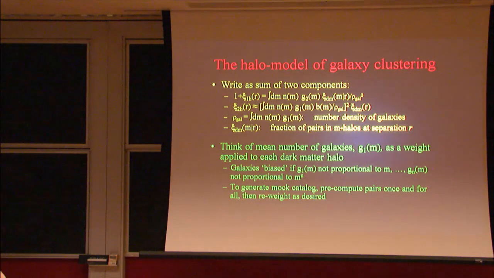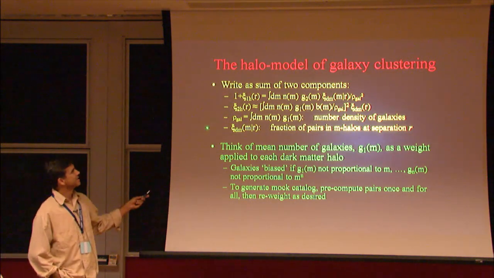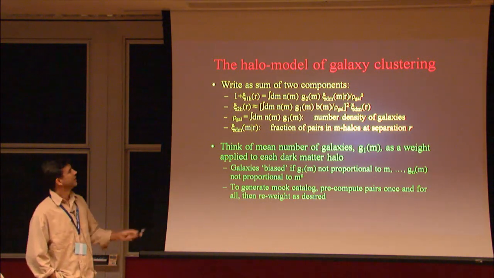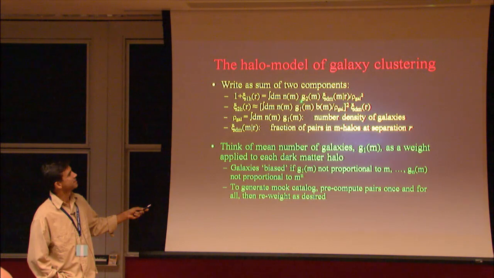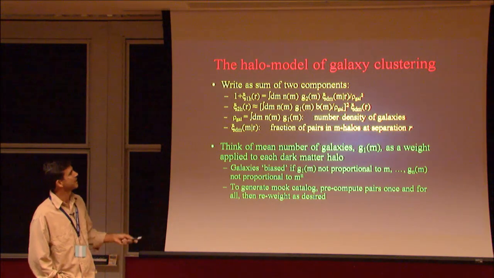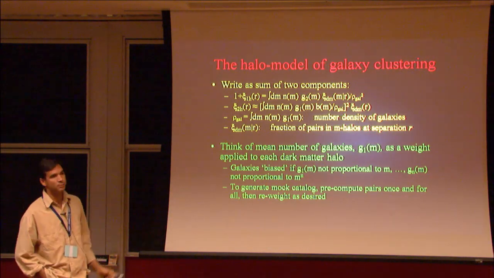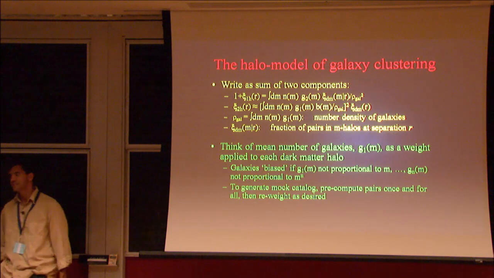So we typically write them as integrals over halo mass, where the number of small-scale pairs is the dark matter pairs, and then we weight the dark matter pairs. This is the number of n minus 1, the second factorial moment of discrete counts, and we integrate over all halo masses. That's the way we do this.